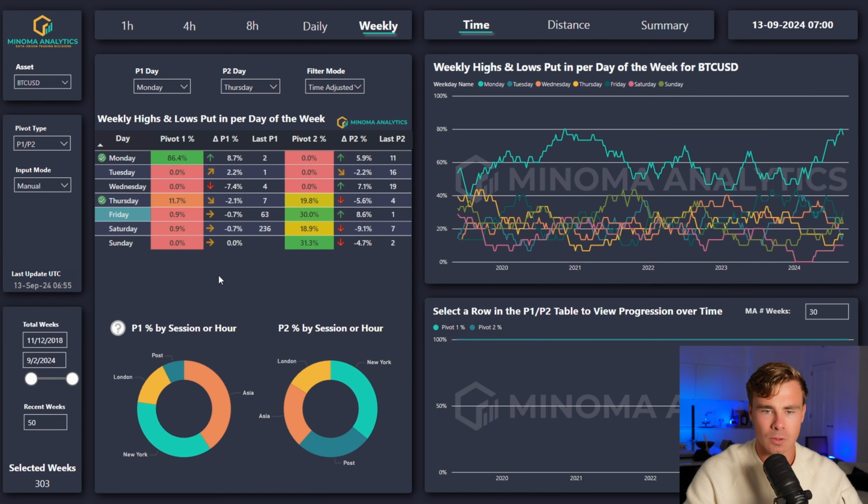What we can see over here is the weekly timing statistics for Bitcoin. We know that we formed the low of the week currently on Monday, which means that according to the statistics so far, that Monday low has an 86.4% chance to hold. We formed the weekly high yesterday on Thursday, and we can see that weekly high only has a 19.8% chance to hold, and that there's a 30% chance to form it on Friday, aka today, a 19% chance to form it on Saturday, aka tomorrow, and a 31.3% chance to form it on Sunday.